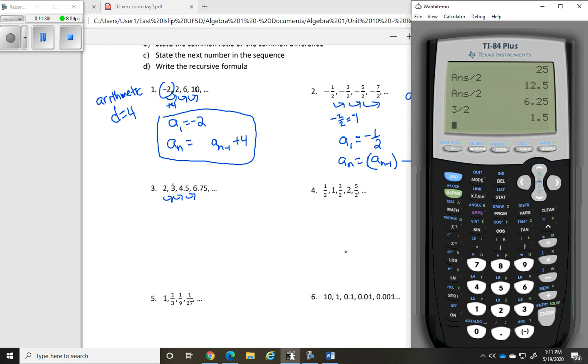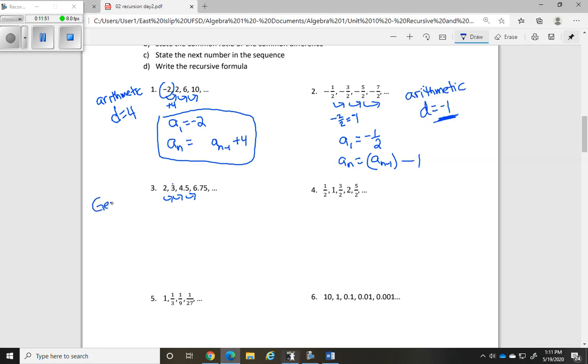And test that out. If I do 2 times 1.5, yes, it worked. And then times again by 1.5. Yes, it worked. Times again by 1.5. And it worked. So I'm confident that this is geometric and that the common ratio is 1.5.